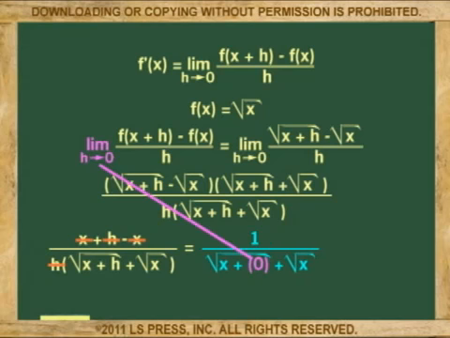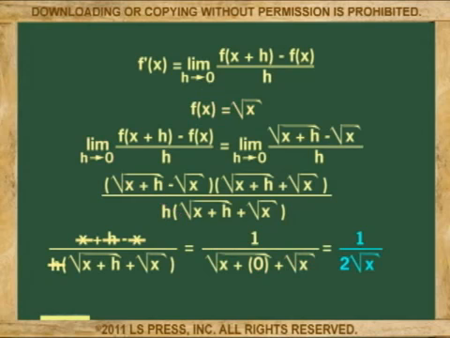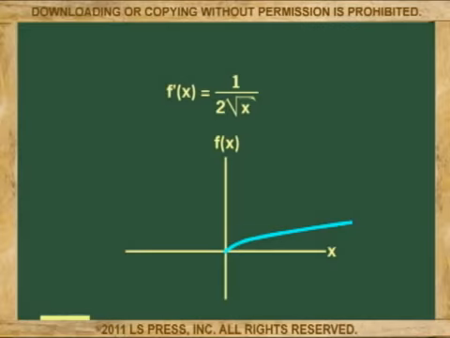We apply the zero limit to h now and add the two radical x's. The derivative of the function of x equals radical x is 1 over 2 radical x. Which means that when x is 1, the slope is 1 over the square root of 1 times 2, or 1 over 2.